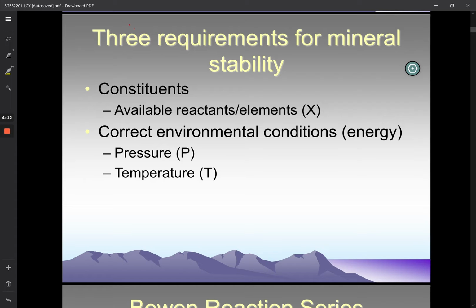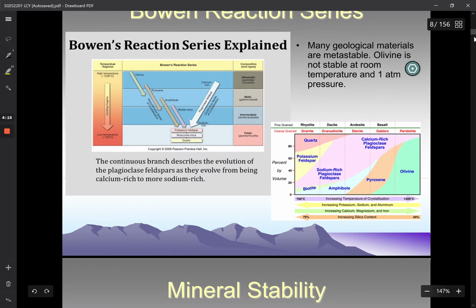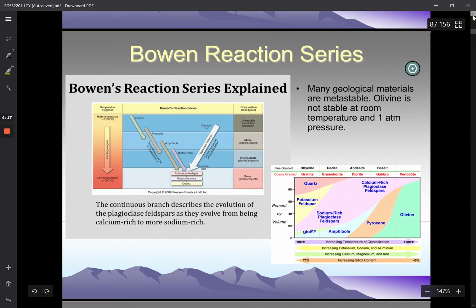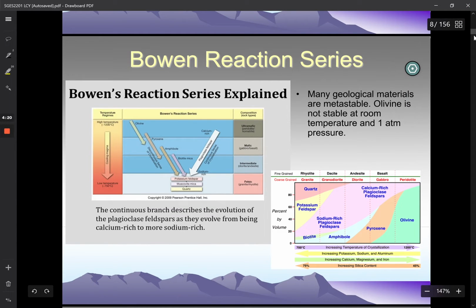I believe you heard about Bowen's reaction series, and you know which minerals are stable at which temperature. For example, olivine is stable at a very high temperature, approximately 1000 Celsius, whereas olivine will not be stable at a lower temperature.